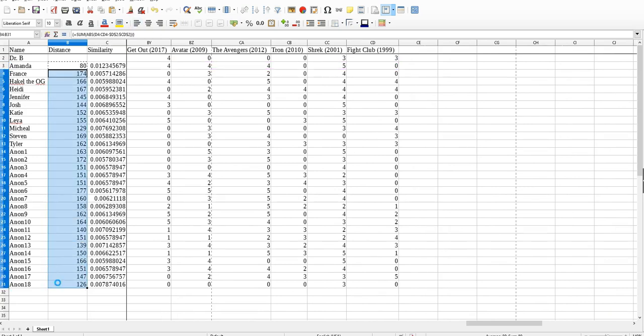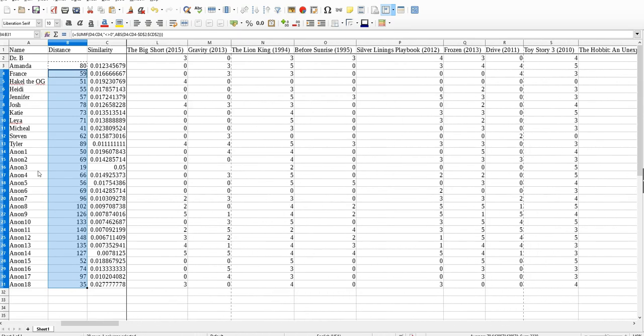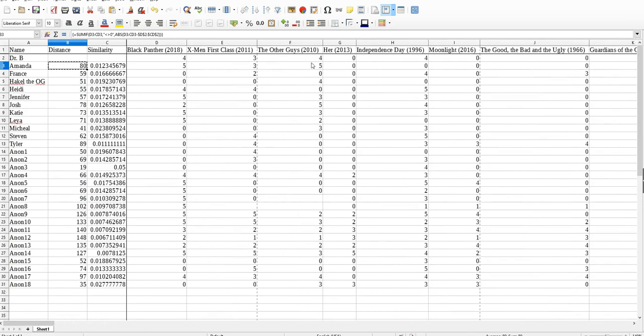And so if I change the distance there, we start getting closer. Now she's only 80 steps away because we're only counting the movies that she rated. We aren't counting Independence Day anymore. That's no longer a distance of 4. We're still counting Black Panther, X-Men First Class, the other guys, because both of us have seen those movies.